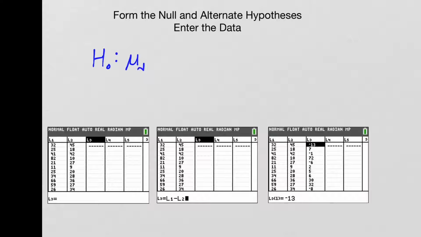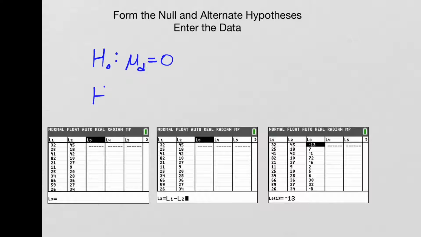It's going to be mu sub d equals 0, and mu sub d is the mean of the differences. So we've got the data paired, and we're going to say that the mean of the differences is equal to 0, that there's no difference between Brad Pitt and Jennifer Lawrence in terms of the percentage of the vote.